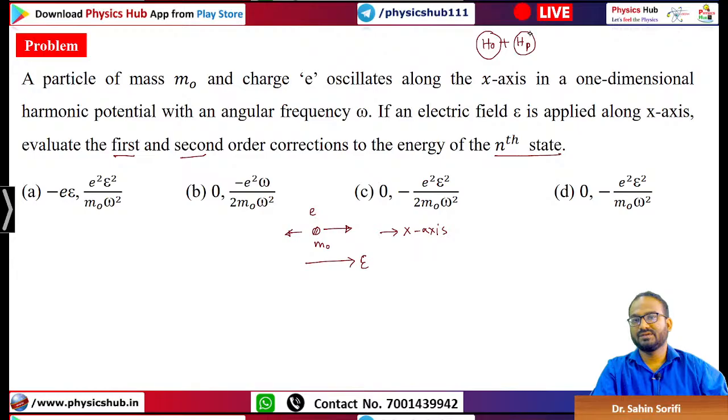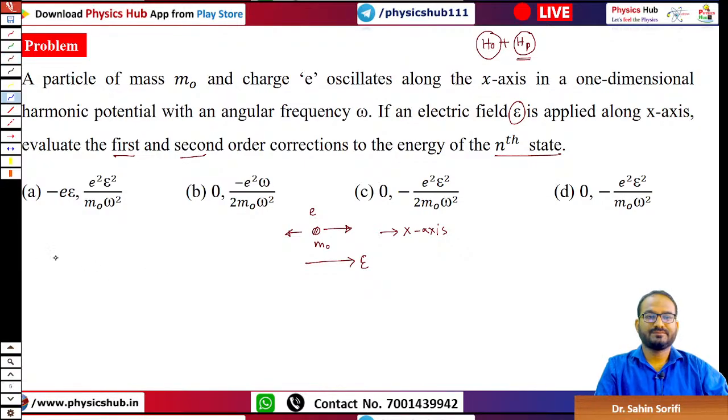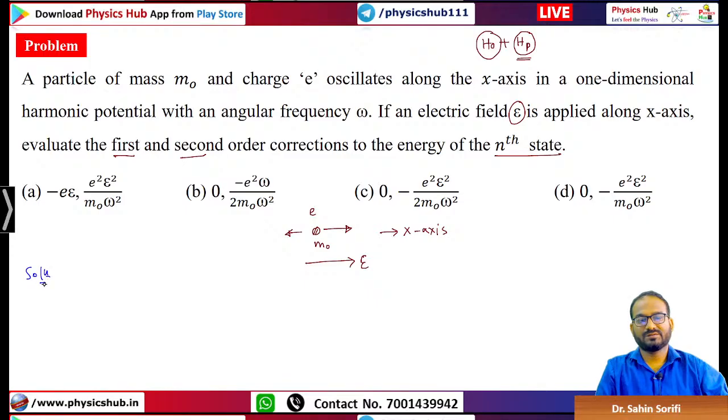So H prime, from dimensional analysis, must be energy. Here you are given an electric field, so you have to convert it into the corresponding energy. We want to calculate the perturbation potential energy. It is given in terms of electric field, but we have to convert it in terms of energy.